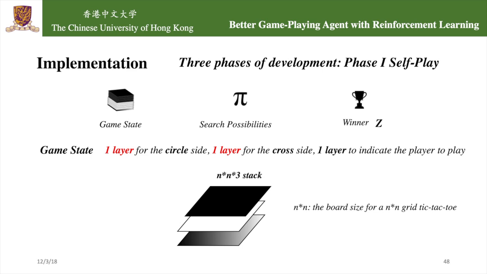It helps the machine to know which part of the board is being focused on. This is very special for the game of Go, and we don't need this for tic-tac-toe. Similarly, we also have one extra layer to indicate the player to play.